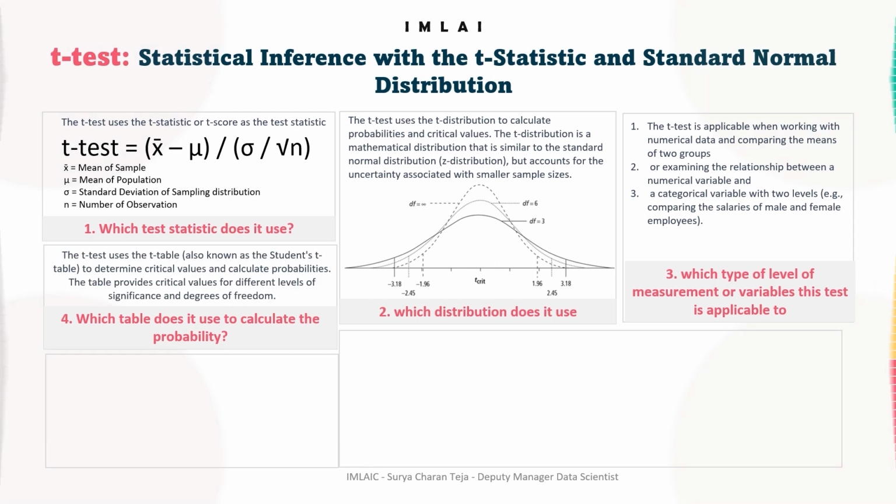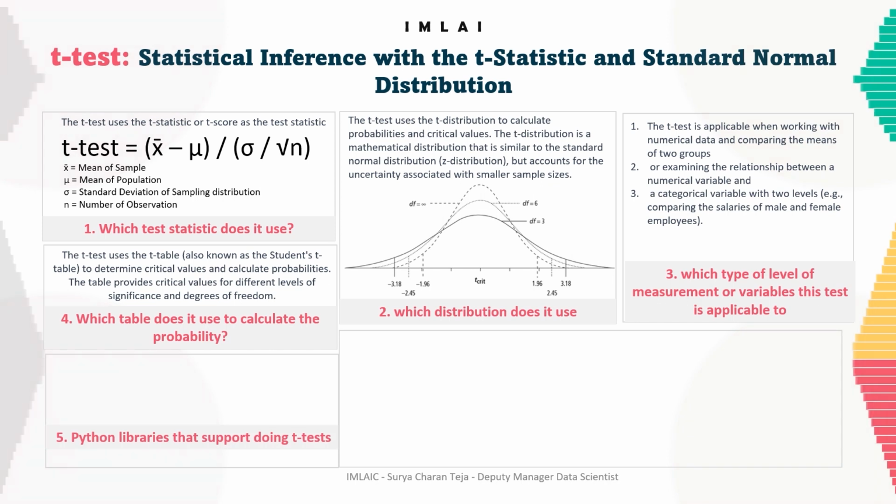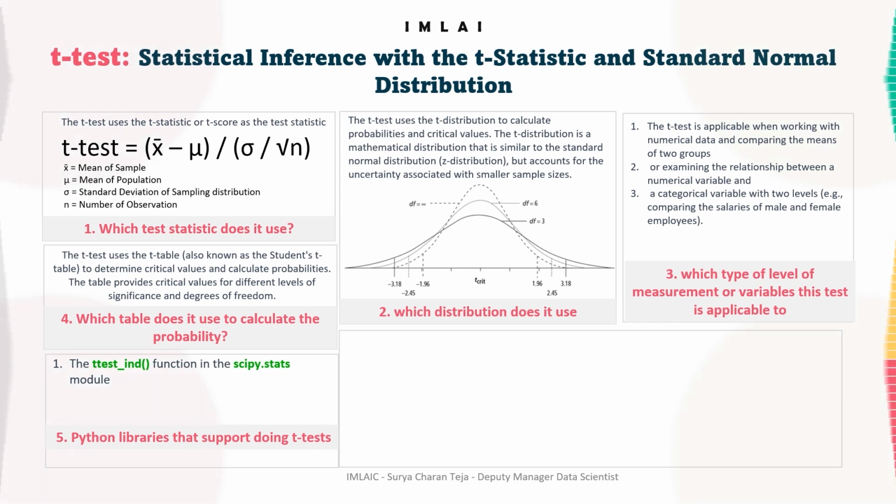The fifth question that we have to answer is what Python libraries support doing t-tests. First one, the scipy.stats module, where the ttest_ind function can be used to perform an independent two-sample t-test.